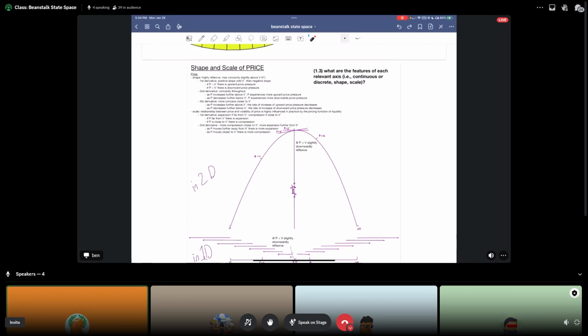Now, the price is just going to tend to be more volatile around P. Meaning that for a given marginal change in price, if the price changes 1,000th of a point, or call it 1/10 of a point, that's going to be way more impactful close to P than it is out here.